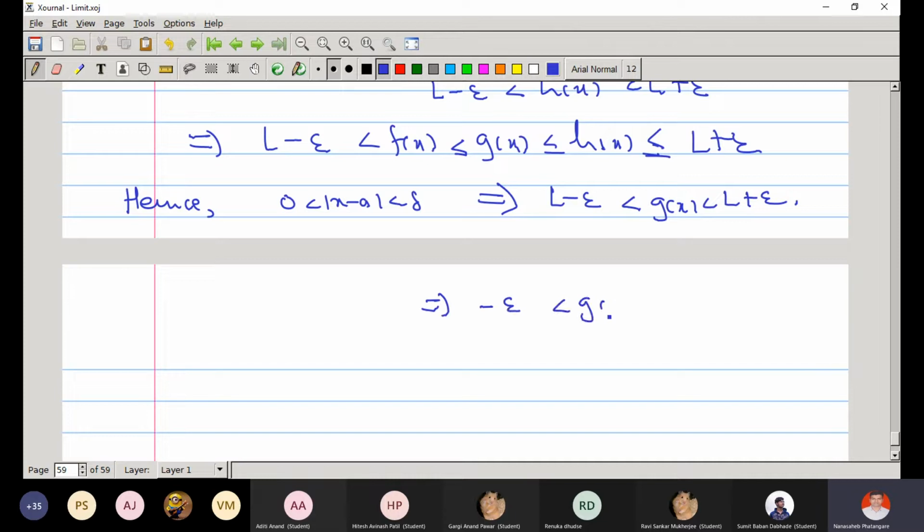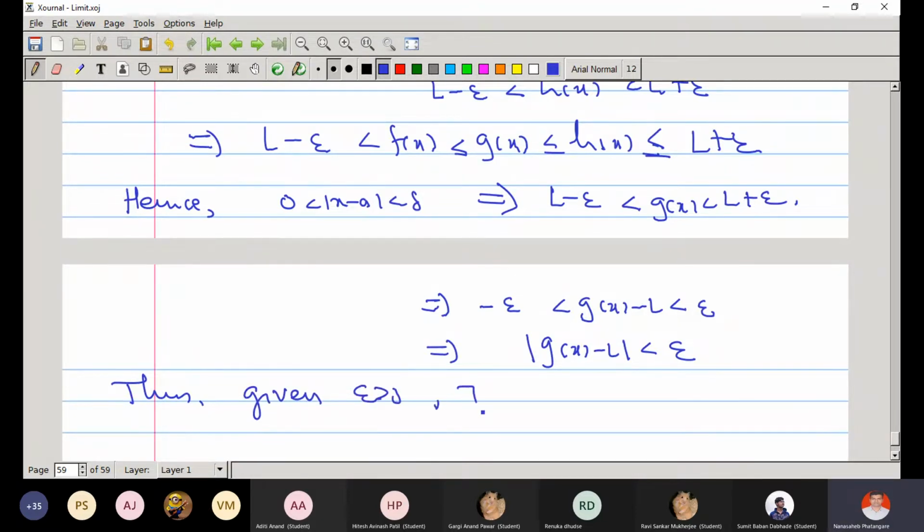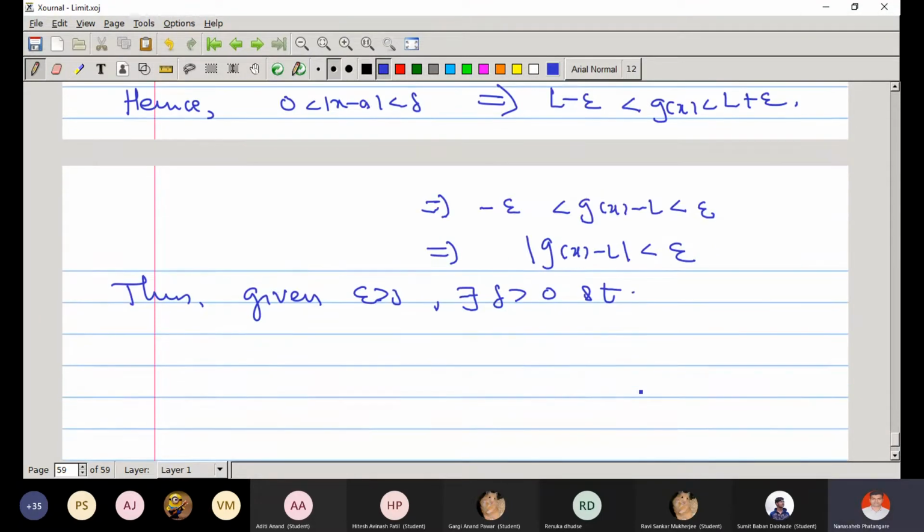Minus epsilon is less than g(x) minus L is less than epsilon, which is equivalent to saying that the absolute value of g(x) minus L is less than epsilon. Thus, what we found is, given epsilon, we can produce delta so that whenever the distance of x from a is less than delta, the distance of g(x) from L is less than epsilon.